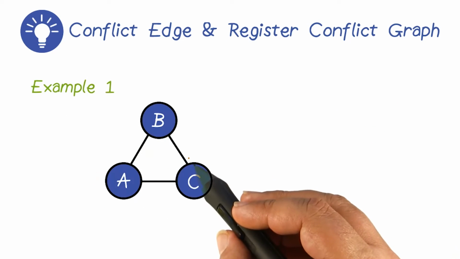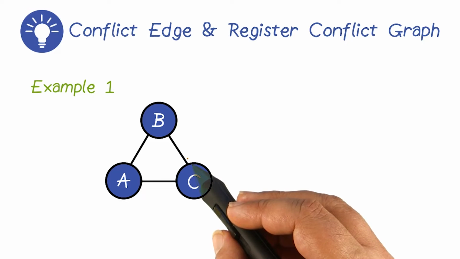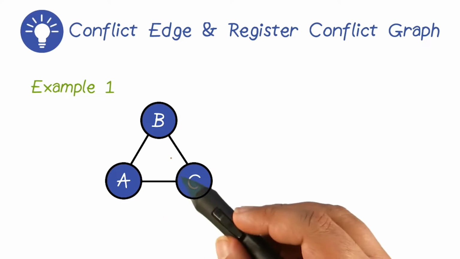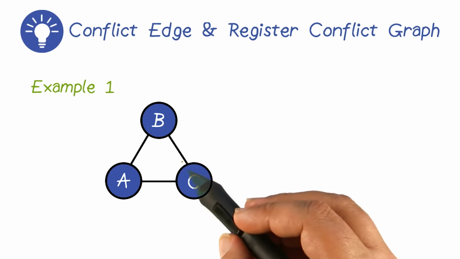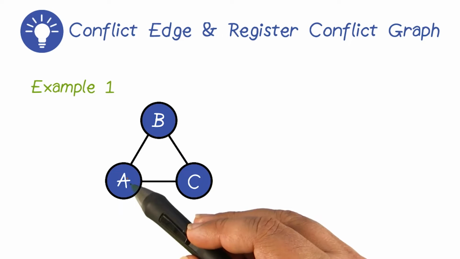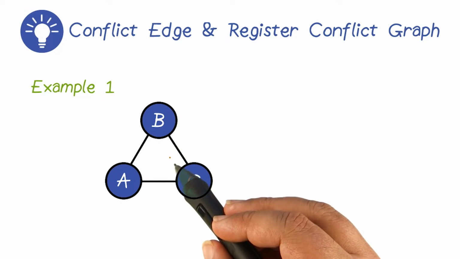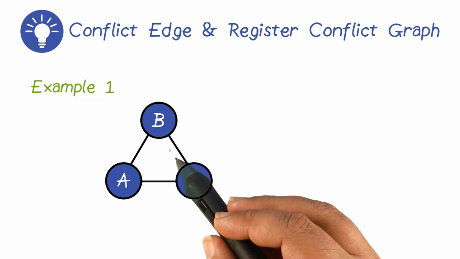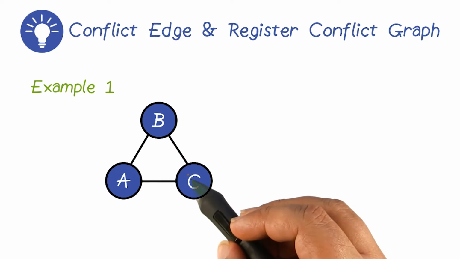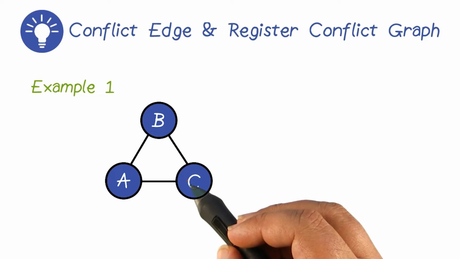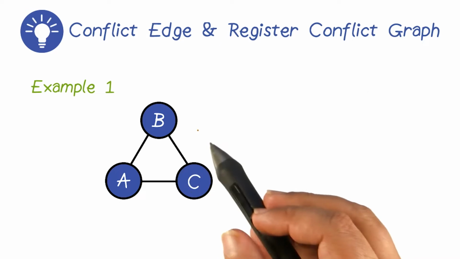Now let us consider those two examples that we saw earlier to show how they look in terms of this representation. As you can see here, we have three different conflict edges, one between A and C, second between B and C, and third between A and B, to indicate that at some point A and B were operands of some ALU instruction, so were B and C, and finally A and C were also operands of some ALU instruction at one point, and therefore they are in conflict.